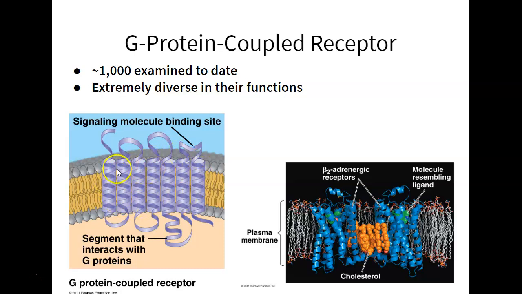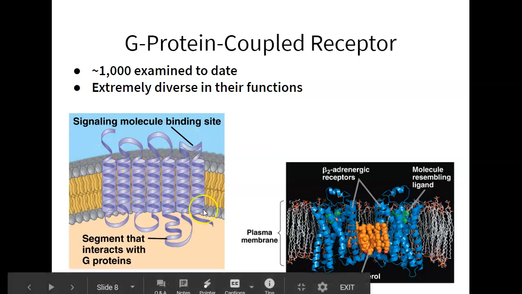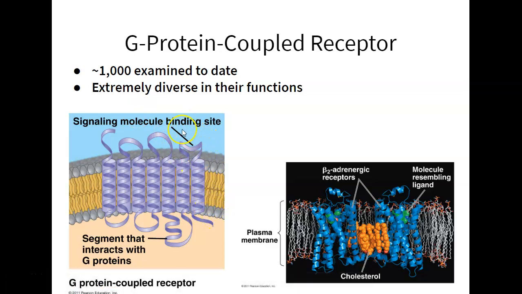But the idea is it goes transmembrane, and more often than not, it crosses exactly 7 times. So you can see that it zigzags 1, 2, 3, 4, 5, 6, 7. One end is outside the cell, one end is inside the cell. There's a special pocket where the signal will bind. So this is the special area where the ligand will bind.